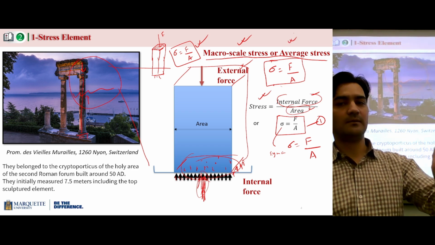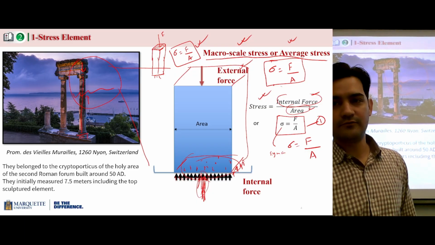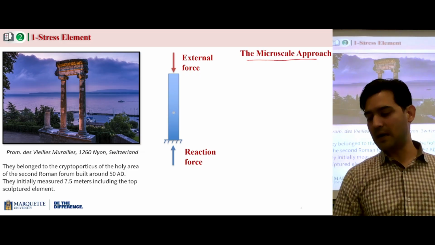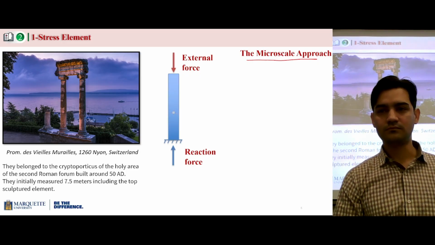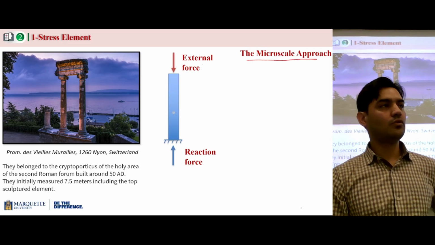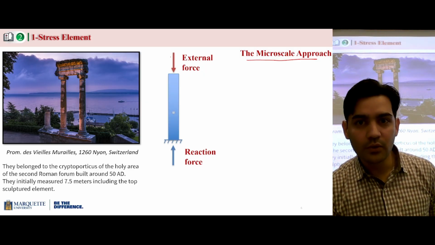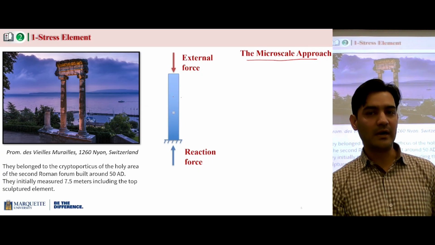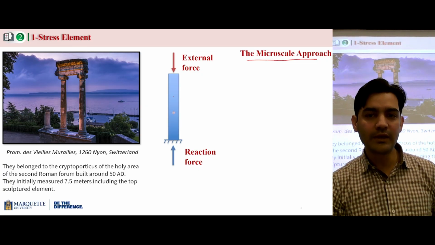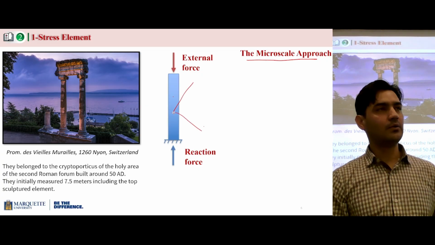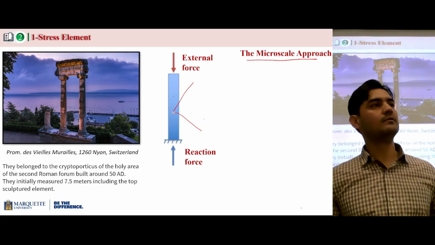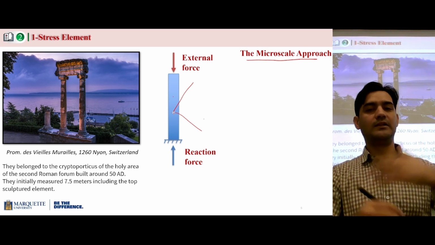There's another method of visualizing stress, which is called the micro scale approach. In this approach, we take a very small particle, and then we zoom in and see what's happening in that particular particle, and then we can sum all the particles together, and then we can calculate the stress as well.